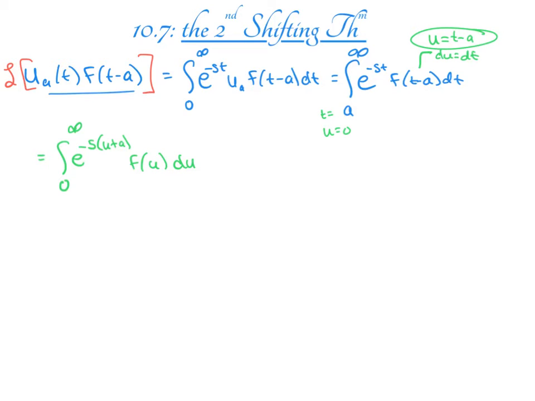Okay. Now remember, this is integrating with respect to u. So as far as the integral is concerned, s and a behave like constants. So we can factor out e to the negative as in front of the integral: e to the negative as times the integral from 0 to infinity of e to the negative su times f of u du.